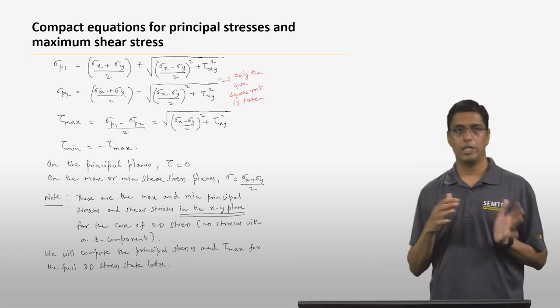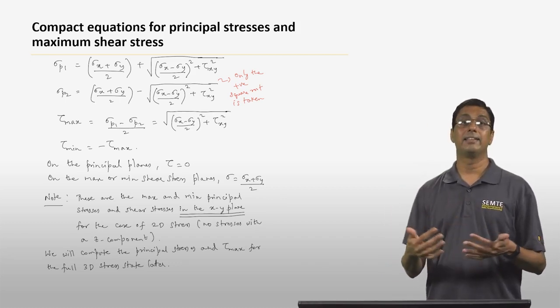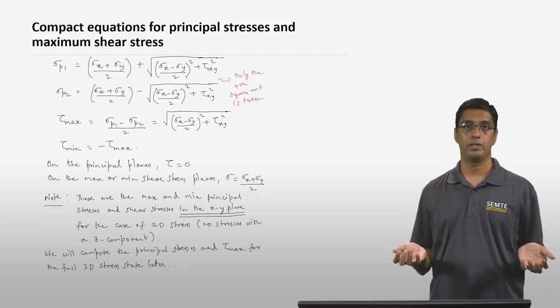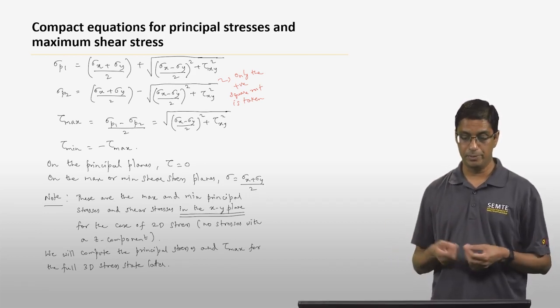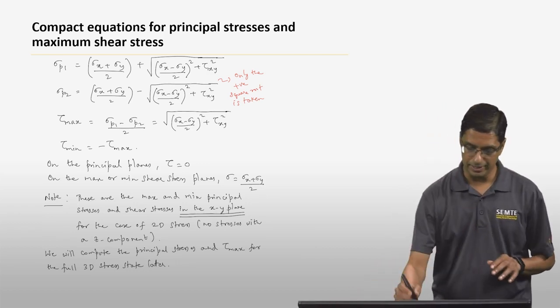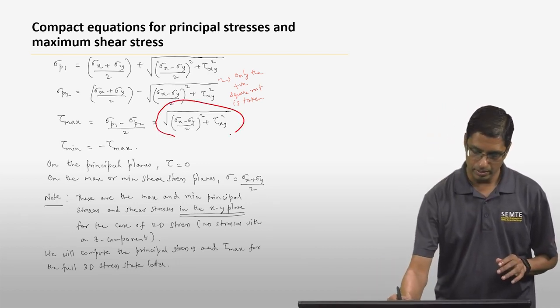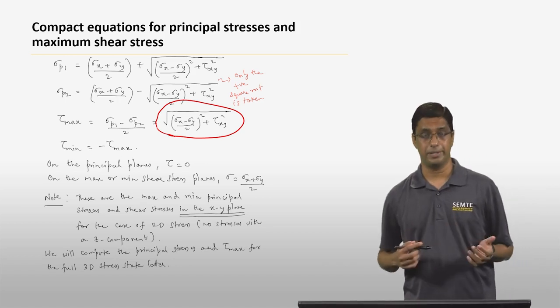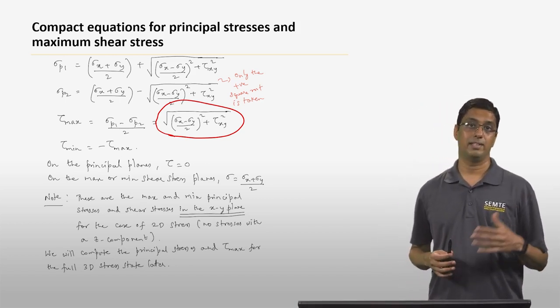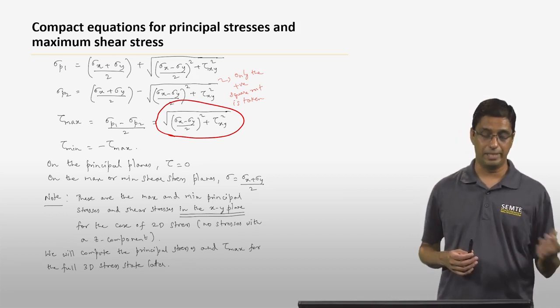Now, tau max is essentially the difference between sigma p1 and sigma p2 divided by 2. So sigma p1 minus sigma p2 divided by 2 is going to be equal to just the square root term, and that is what is given here. Okay, so that is going to be your maximum shear stress. And of course, the minimum shear stress is nothing but the maximum shear stress with a negative sign.